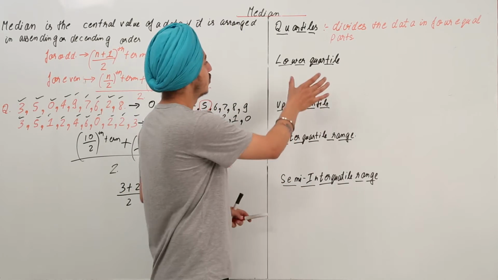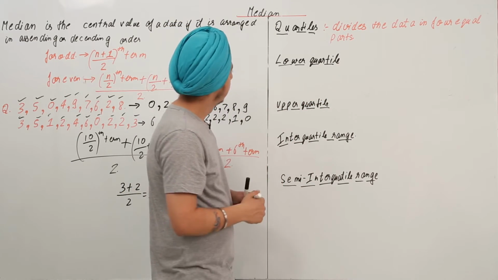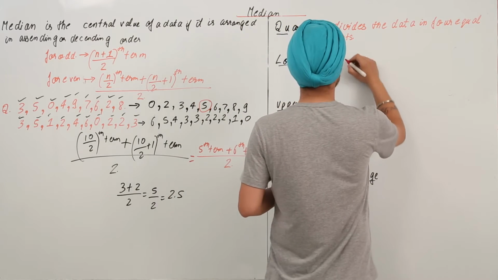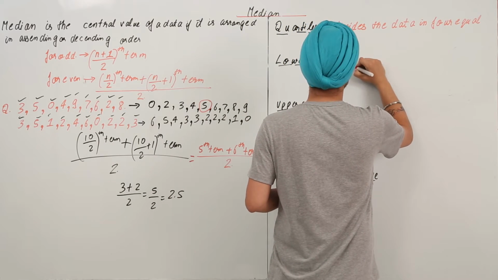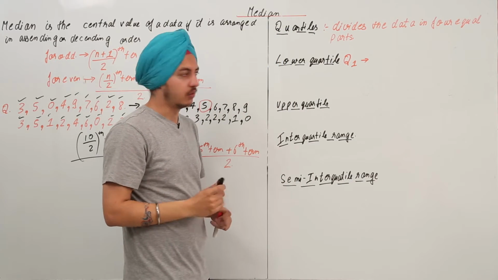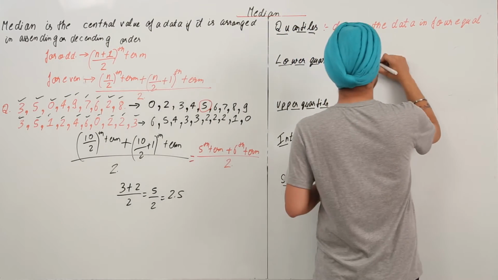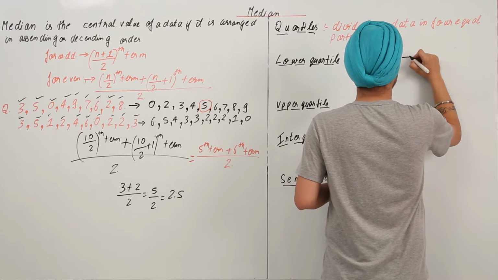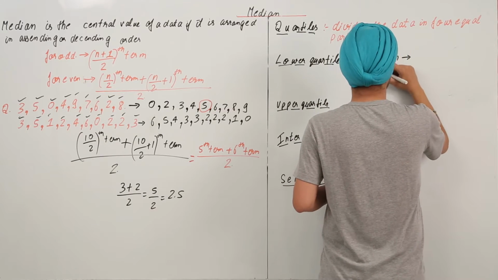Okay. So what is lower quartile? Let's say this is denoted as Q1. So this Q1 is equal to, for even and for odd again. Okay.